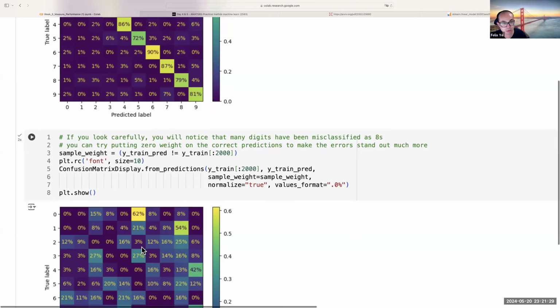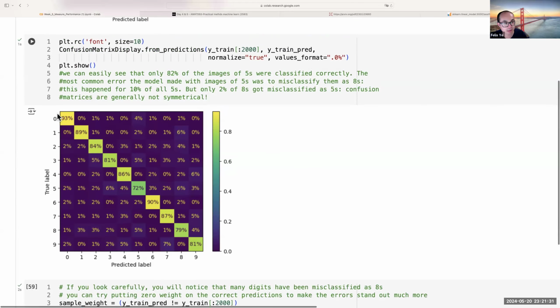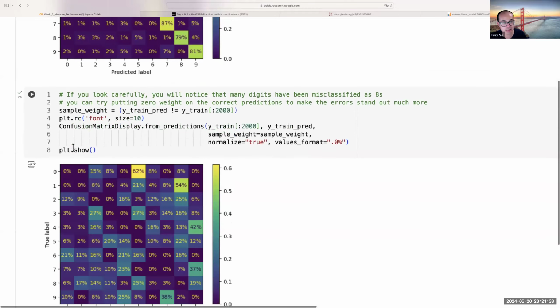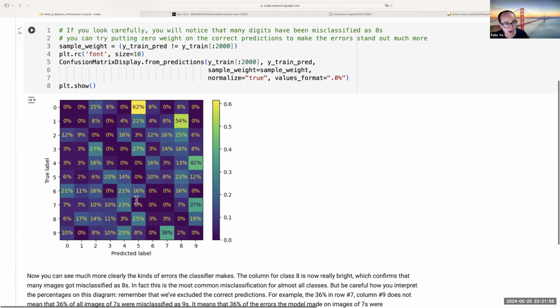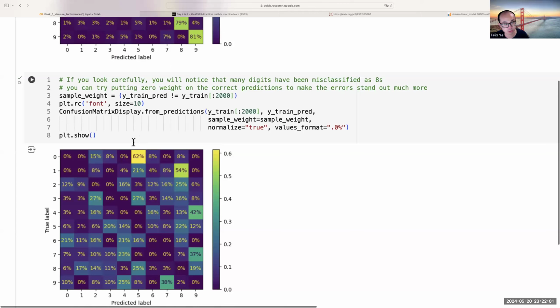Also, this whole diagonal here is quite confusing. So a better way we can do is to just zero out everything on the diagonal to see what the error actually comes from. So right here, you will find the error. For example, this error is 62%, which means that out of 0, which is the ground truth, most of the error is concentrated on being predicted as 5, right?